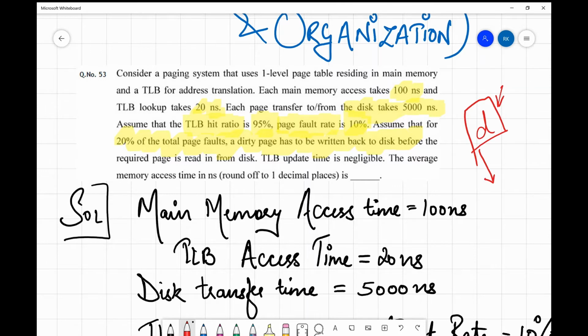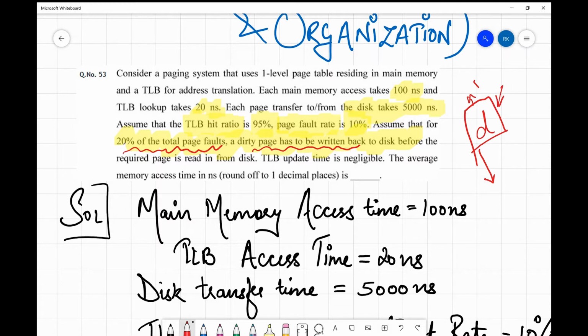In case the changes have not been made to the original copy, the dirty bit is set, and therefore whenever we are fetching the contents of this page from the disk, we need to make sure whether the contents are the original ones or the up to date ones. So this plays a major role here, since it says that in 20% of the total page faults, a dirty page has to be written back. That means this would cost us an additional disk access.